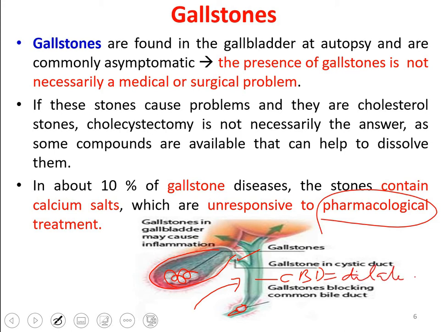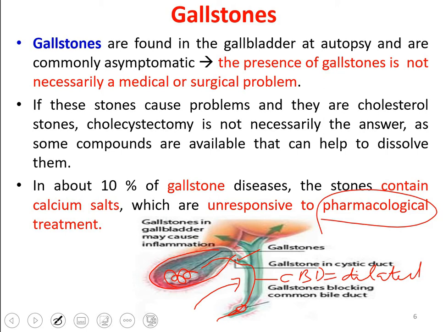Why? Because of obstruction. So if the CBD is dilated in the ultrasound report, it means that an obstruction may be there, and there is no way for the secreted bile to go into the small intestine through the hepatopancreatic duct.